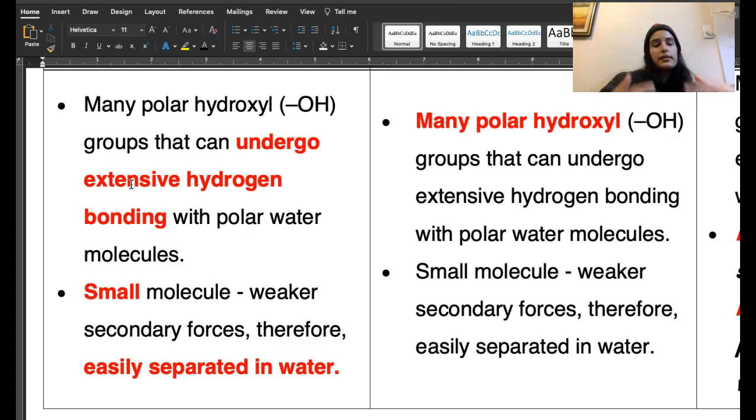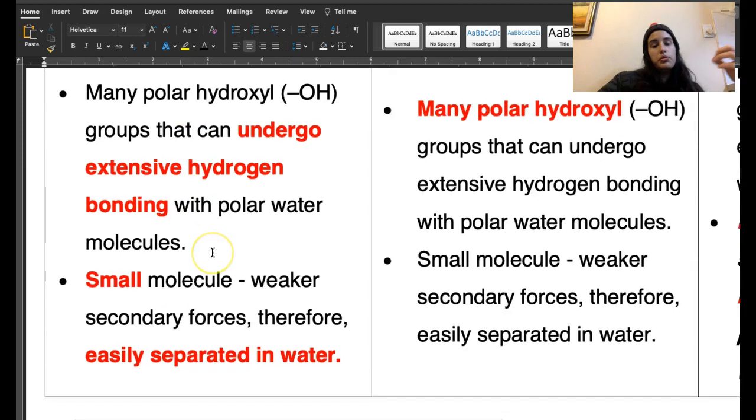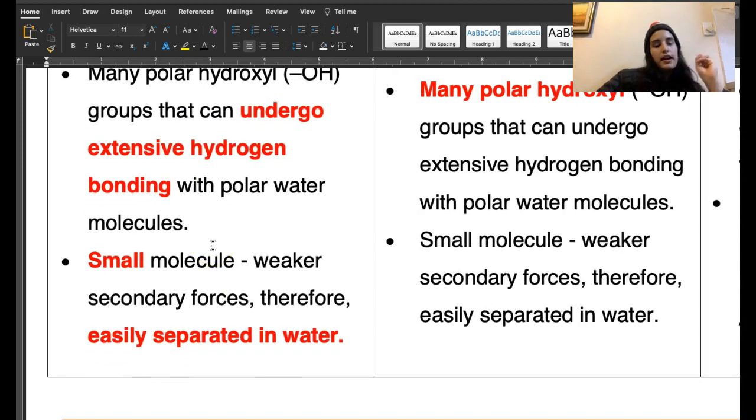They can undergo extensive hydrogen bonding with the polar water molecules because they've got so many OHs. They are a small molecule, so even though those hydrogen bonds might be relatively strong, they're small. So your water molecules can easily come in and separate them and surround those molecules. So one, you get hydrogen bonding. Two, you do get a smaller molecule, allowing the surrounding of those small molecules with water.